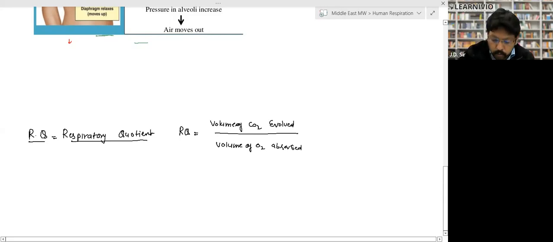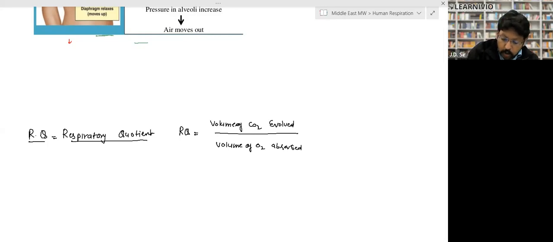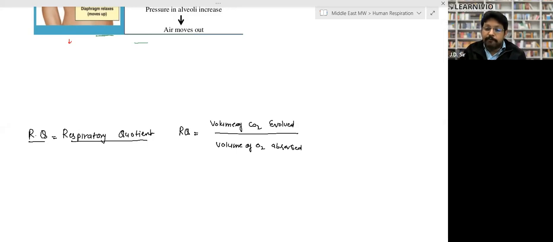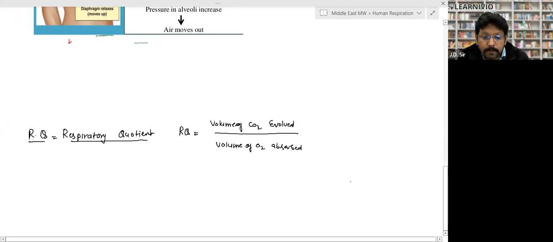Suppose that we are burning 1 gram of carbohydrate, and I want to know the RQ, the respiratory quotient of carbohydrate.